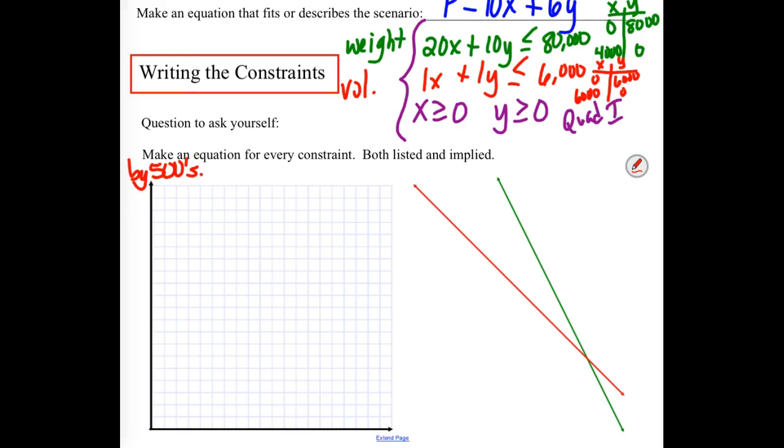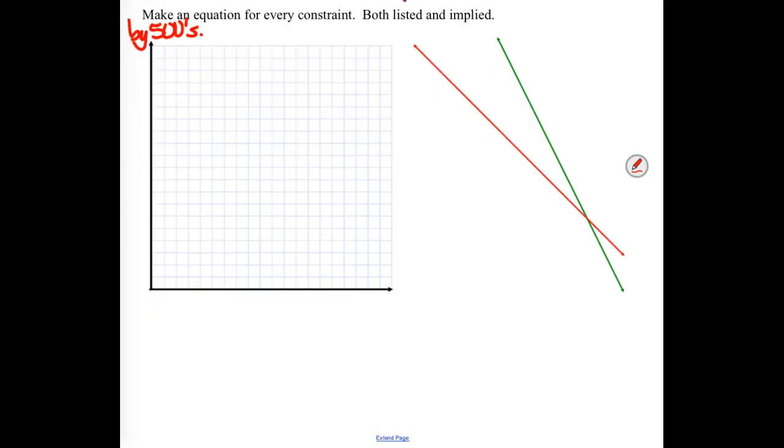Okay. So we said X was the water, right? And Y was medical kits. All right, so we're going by 500s. Every 2 tick marks would be 1,000.